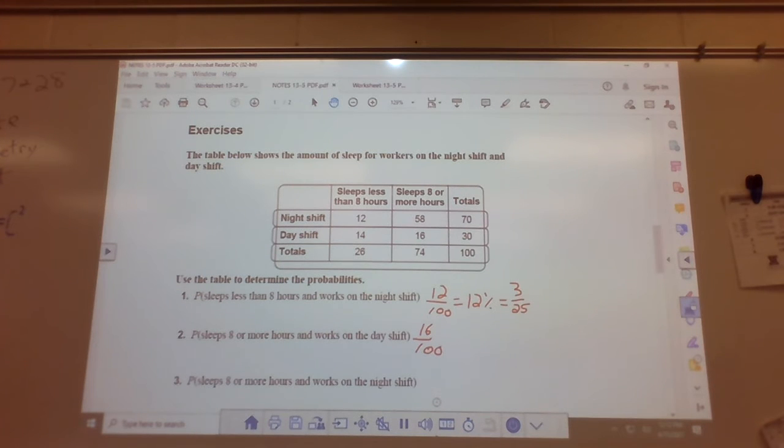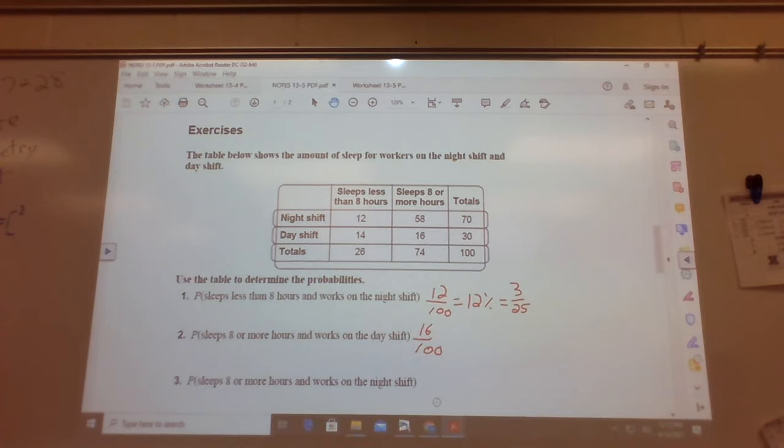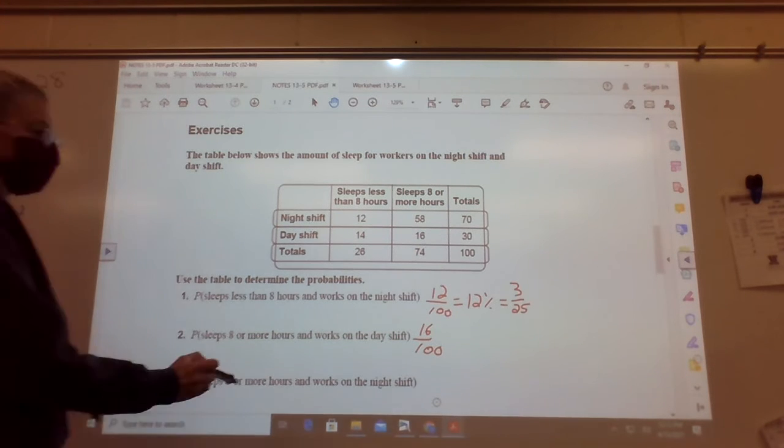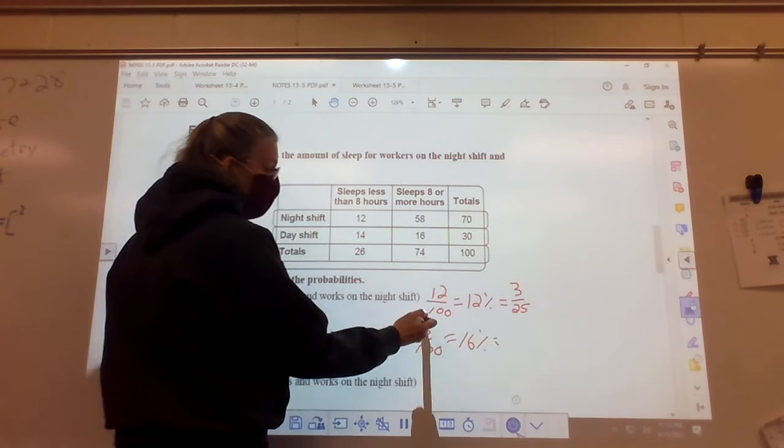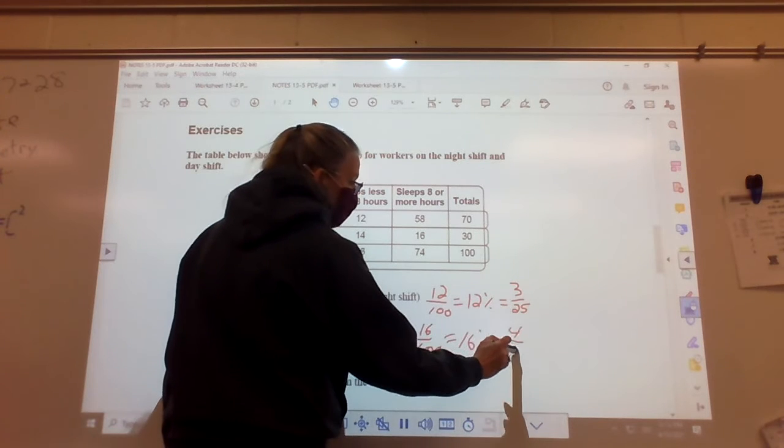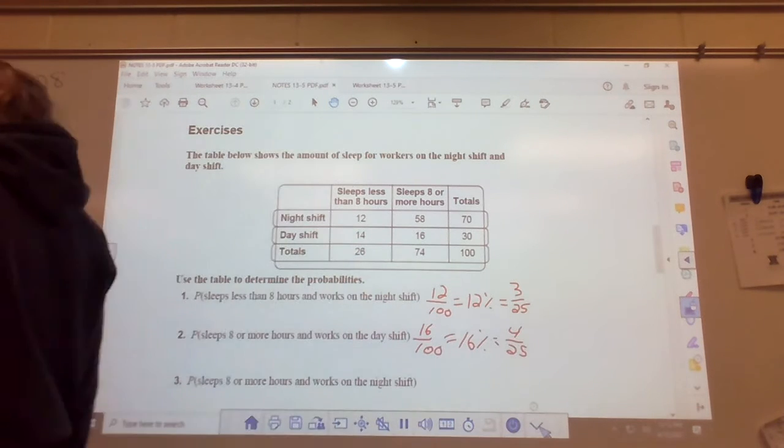So it's still an and, but instead of taking the time to do all like the multiplication stuff that you normally do on the end, it's set up that you can just find it. Again, you can change it to 16%. You can divide by 4, get 4 over 25. Any of this will work.